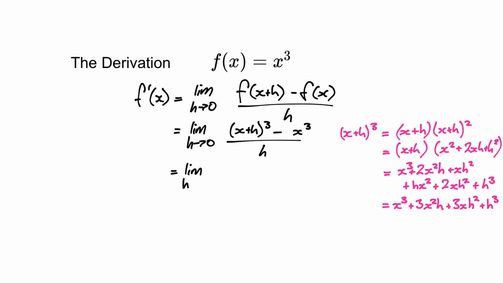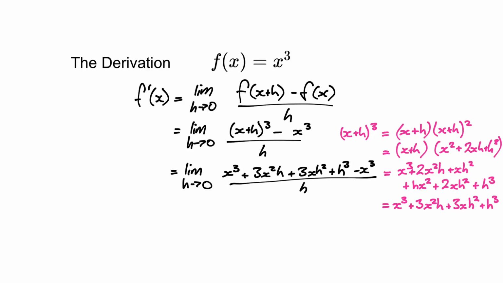So the limit as h tends towards 0 of x cubed plus 3x squared h plus 3xh squared plus h cubed minus x cubed, all of that over h.